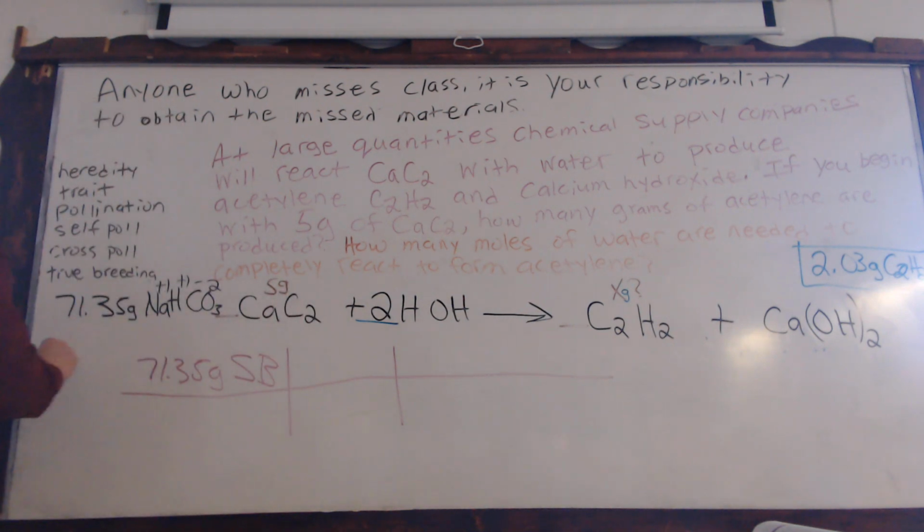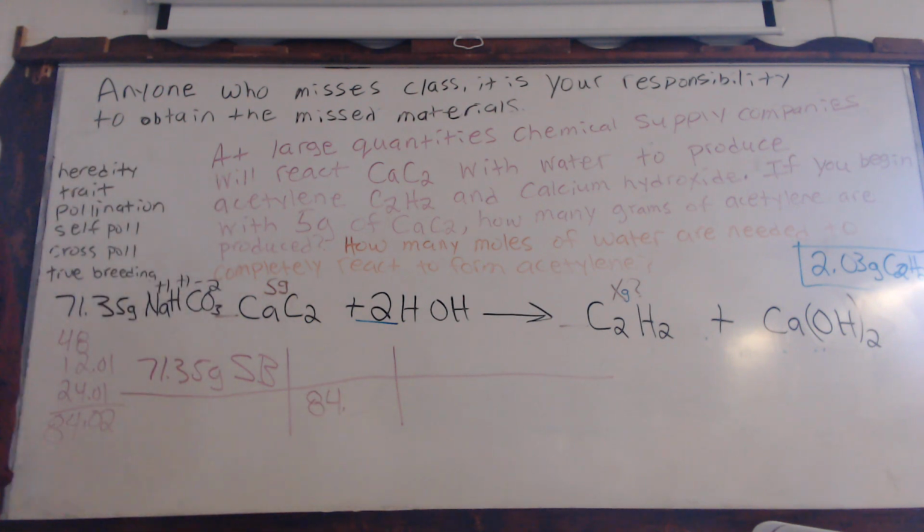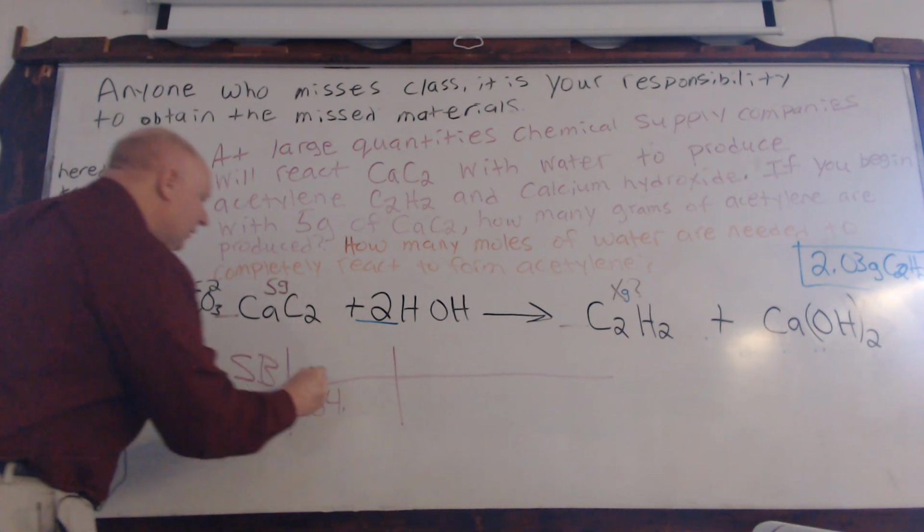So then when we add 48, 16 times 3, and 12, and then we'll just put those two together, which will give you 84.02. Because that simple math can sometimes get you every time.